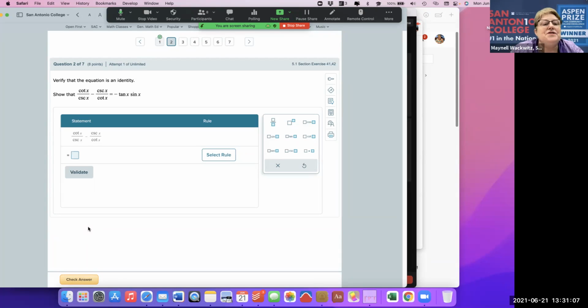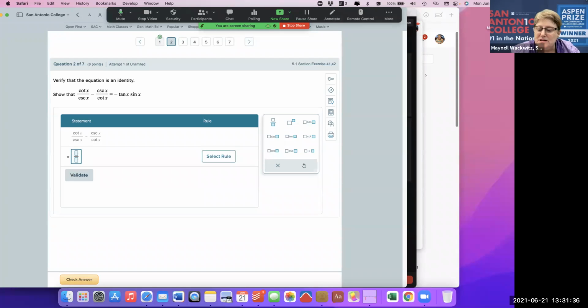Let's do one more. Let's do cotangent x over cosecant x minus cosecant x over cotangent x. Well, you want to do that one? We just did it. Do you want to do it? Okay.